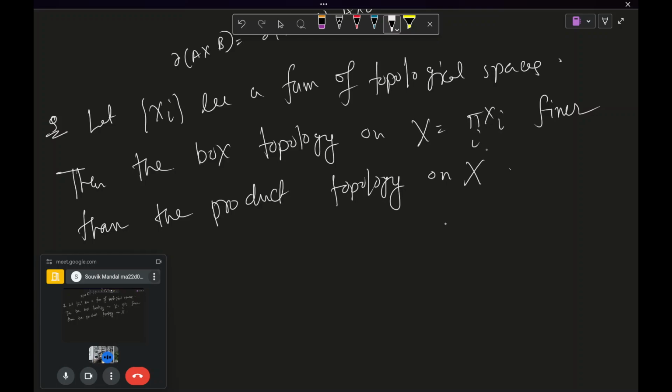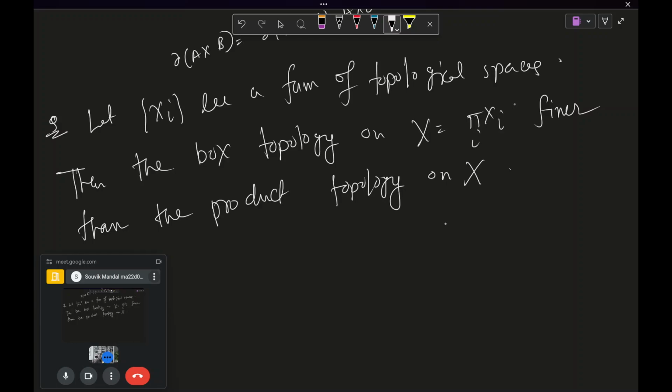Since it's the infinite product space, as you may remember, there are two different types of topology you can define. One can give the box topology, and another one the usual product topology. But in general, the box topology is bigger than the product topology.